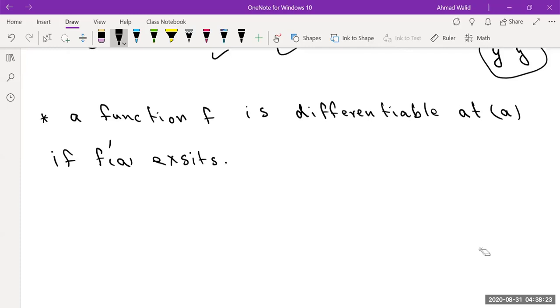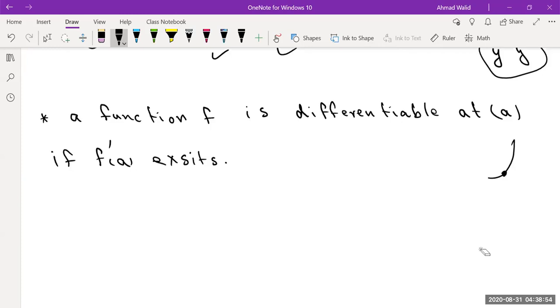You know the meaning of this sentence. We are talking about this point, right? If f prime a exists, it means you can take the derivative here. When you can take the derivative here, you're using the idea of limit. It means when the limit exists. When the point is on the curve, you can take the derivative of a function. If the point is not on the curve, how to find the derivative? You can't, right? That's the meaning of this sentence.